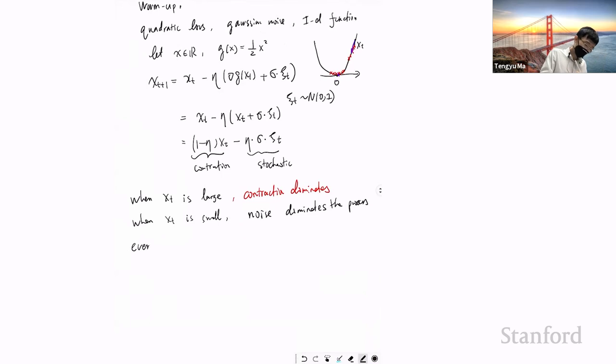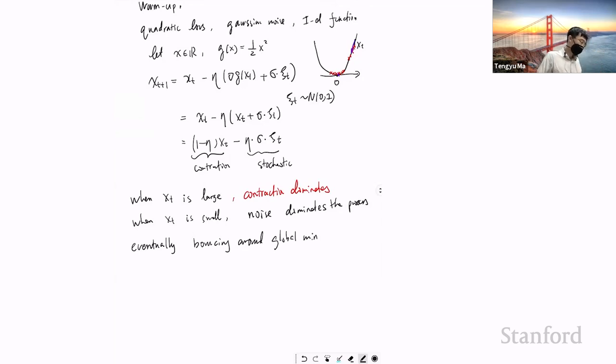So eventually you are just bouncing around the global mean at a certain level, right? You cannot bounce around at very, very high values, because then your contraction is too large, so you wouldn't be able to bounce around that level very much. So eventually you will be bouncing around at a certain level depending on the noise level, right?